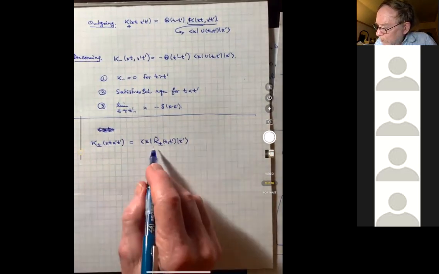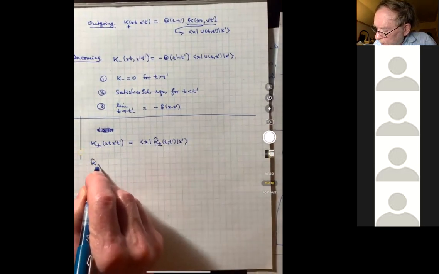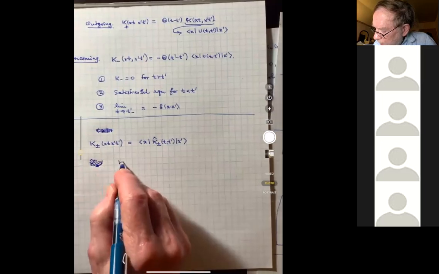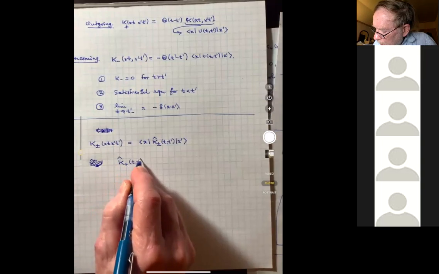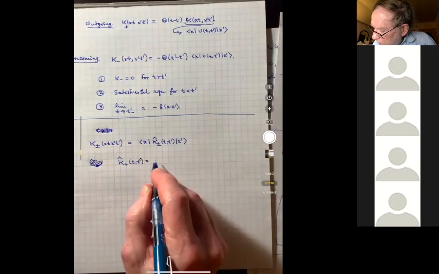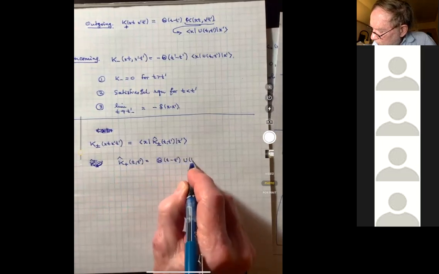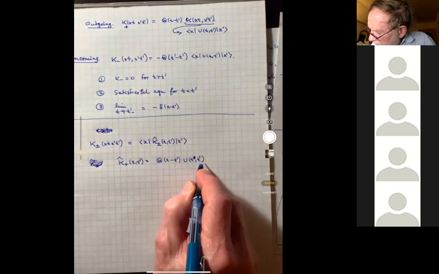And if we define the operator that way, then some of the relations that we've written down already, for example, let me do just the K plus. The K hat plus as a function of t and t prime, our earlier definition of it, can now be written in this way, as the step function theta of t minus t prime times the unitary time evolution operator U of t comma t prime, like so.